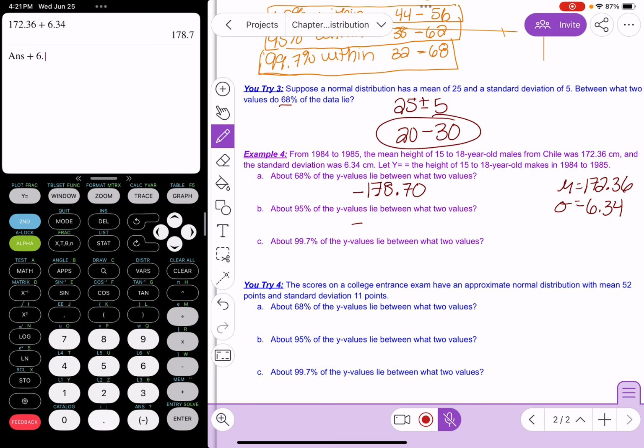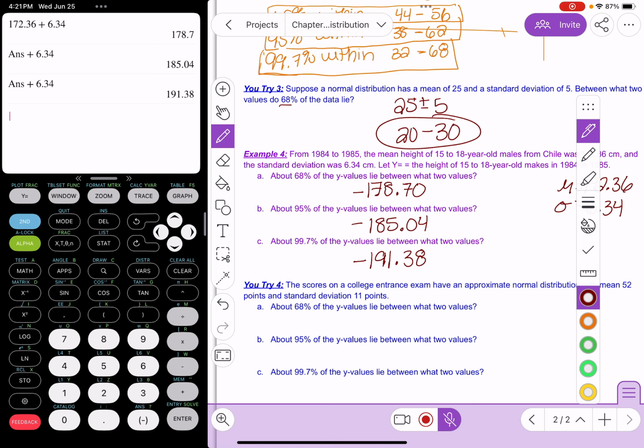Then I'm going to add the standard deviation again. That's going to be the upper limit of the 95%. And then I'm going to add the standard deviation again, and that's the upper limit of the 99.7%. So by adding one standard deviation, a second one, and a third one, I came up with those upper limits. Now I'm going to do the same thing.